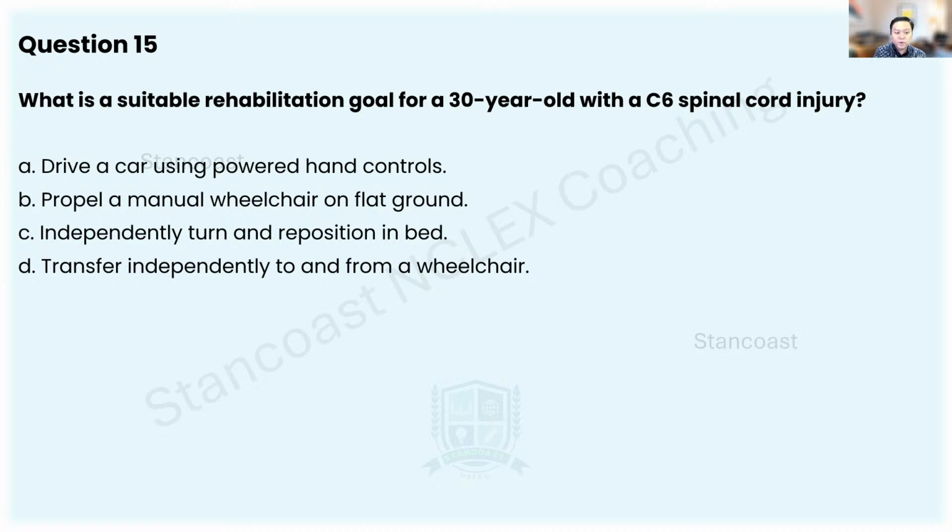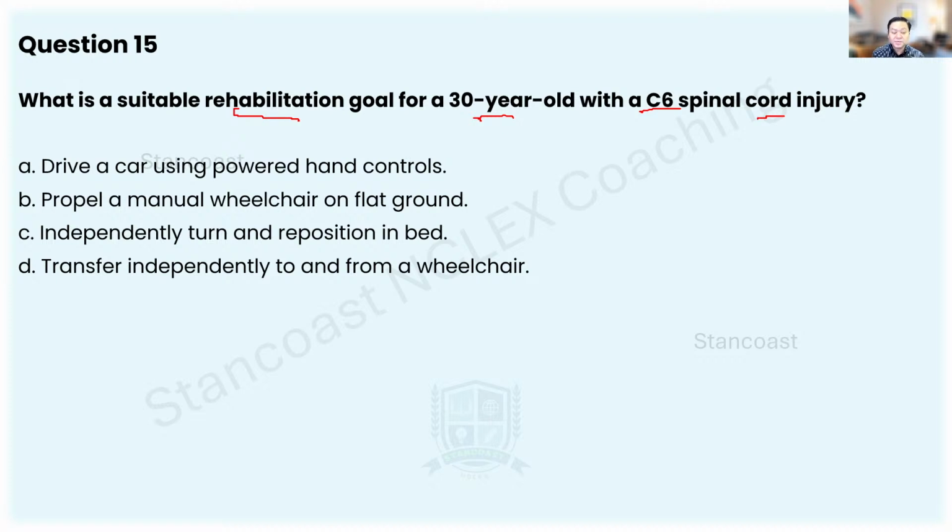A 30-year-old with a C6 spinal cord injury. Rehabilitation goal. What do you think? Are you going to do A, B, C, or D?